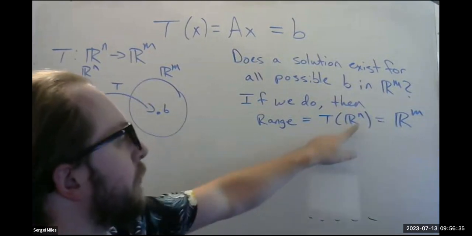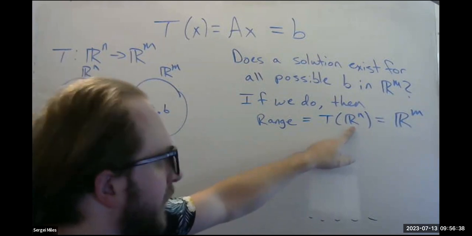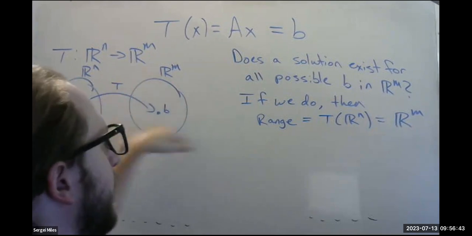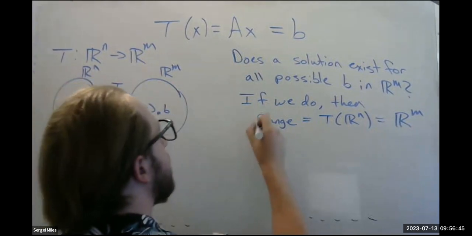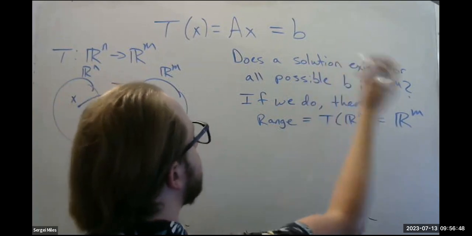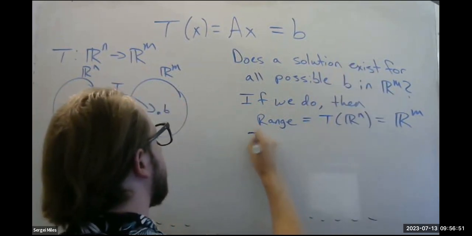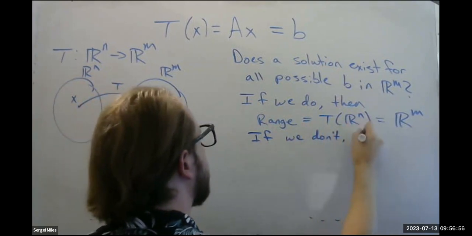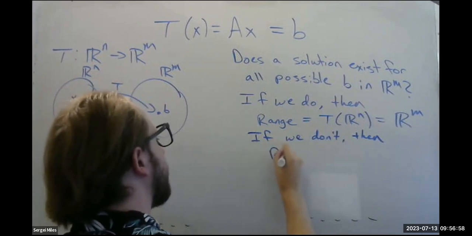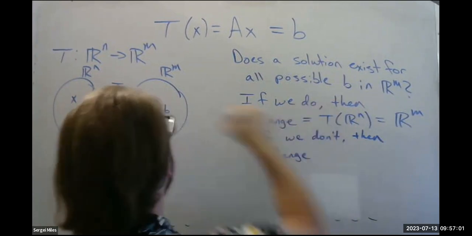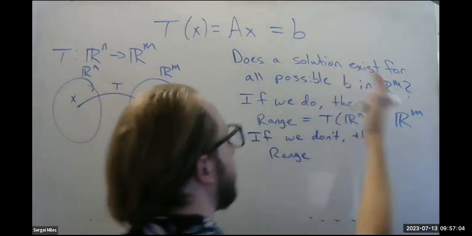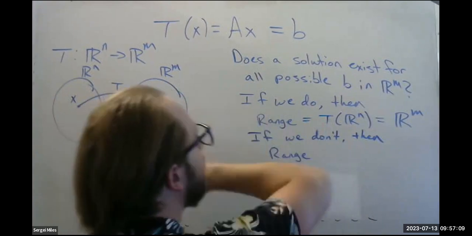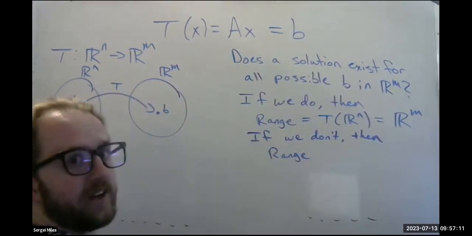That means for all of my inputs, there's some input that would allow me to reach any possible vector in the codomain here, right? If a solution doesn't exist for all B, then the range is not all of the codomain because it missed some B. There's some B that no matter what X I plug in, I can't hit it.